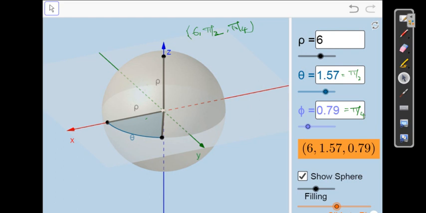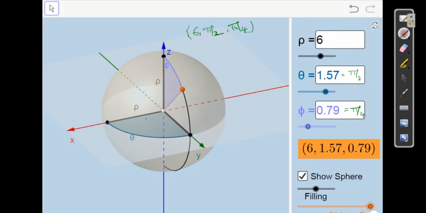Once it plots the theta, it is going to plot the pi by 4 along the phi axis. You observe now, this is the point: 6 comma pi by 2 comma pi by 4.